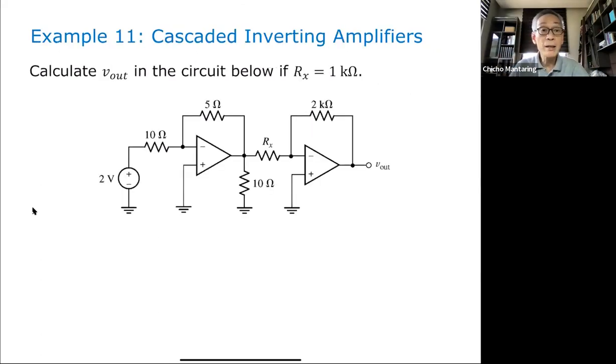So let me illustrate that by means of an example. Here, I have two op amps. They are cascaded together. This is an inverting amplifier, and this is also an inverting amplifier. So the question that you have to ask is this: when I connect this to this, will the output of my first amplifier be affected?